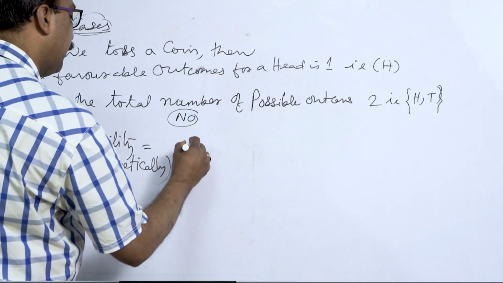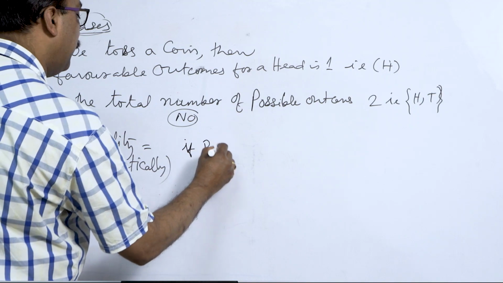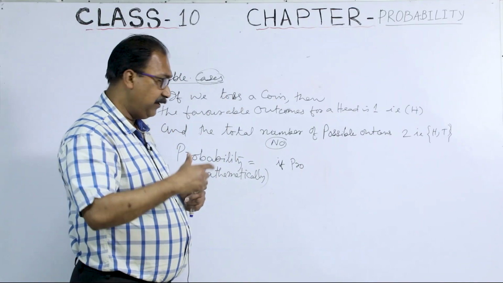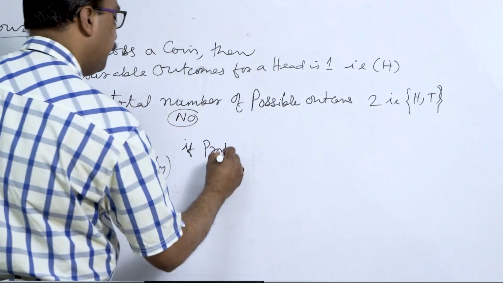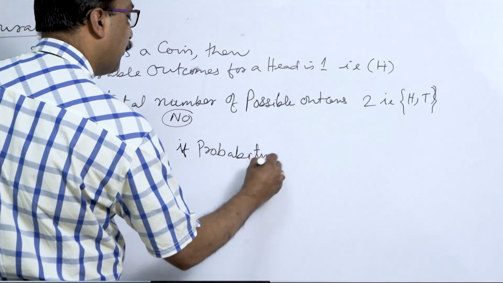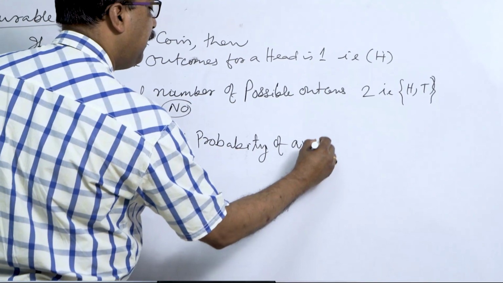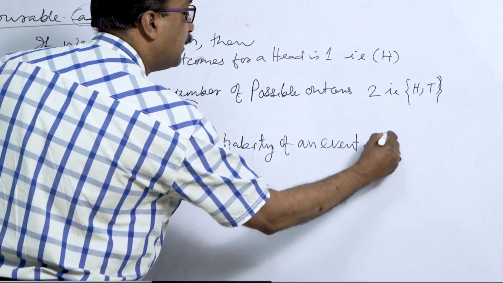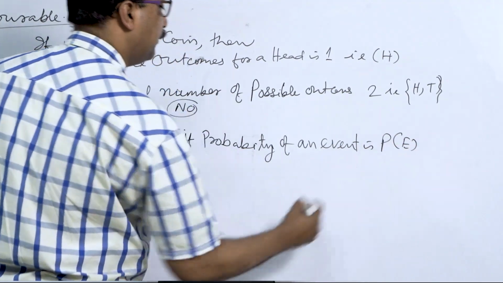Tossing a coin is an event, playing cards is an event, each a different event. So the probability of an event, consider P of E, E for event.